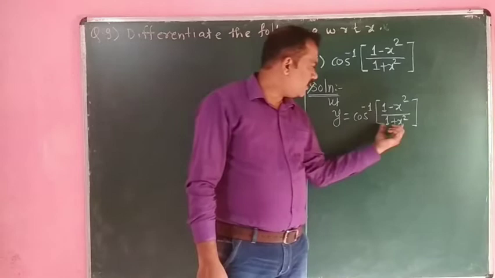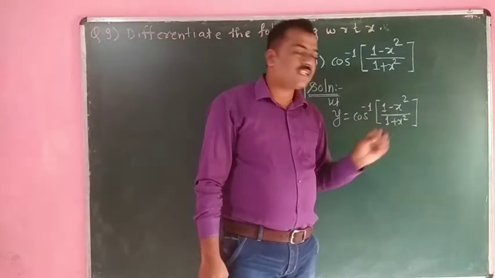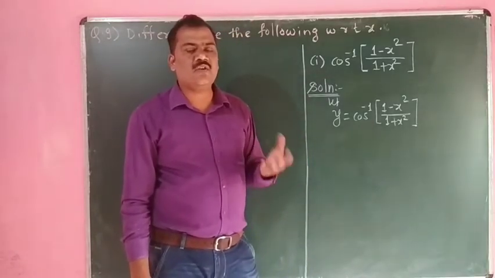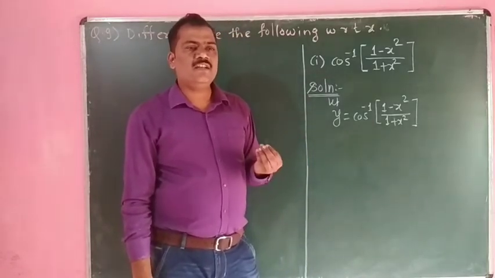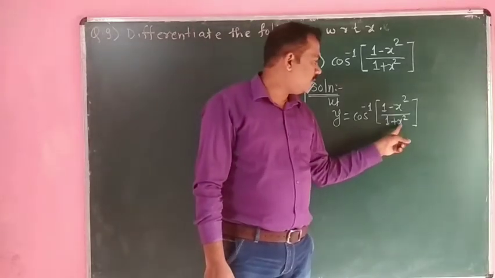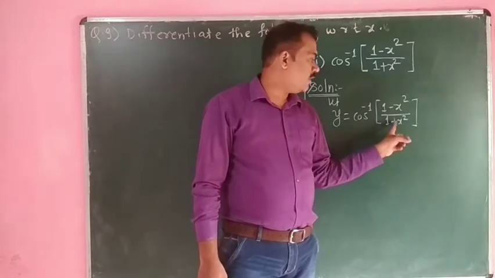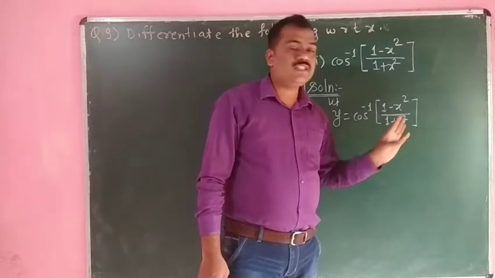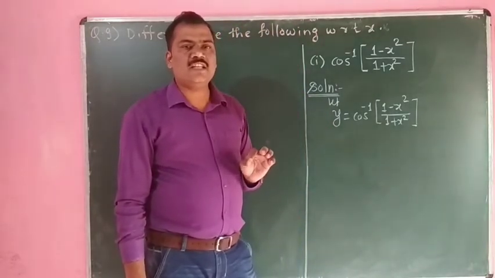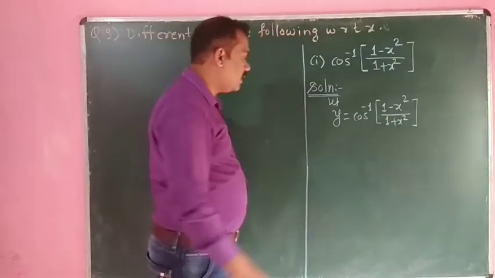If we consider the denominator 1 plus x square, we have to replace this x by some trigonometric function, sin theta, cos theta, tan theta, cot theta, and verify which trigonometric function is suitable. 1 plus sin square theta, there is no formula related to that. 1 plus cos square theta, no. 1 plus tan square theta, yes, there is a formula. 1 plus tan square theta is nothing but sec square theta.